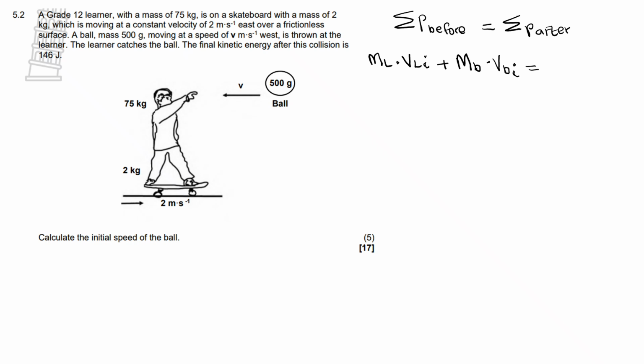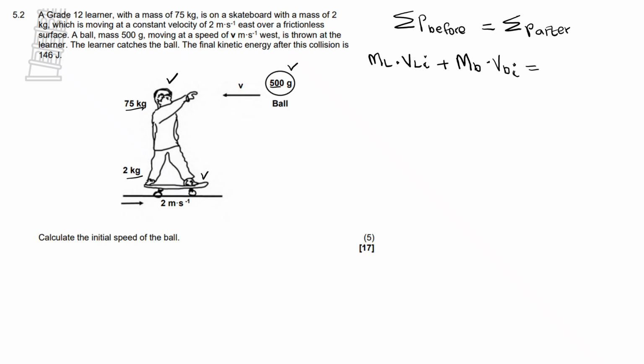So now what I need you to understand is that after the collision, can you see that the learner is going to catch the ball? So when the learner catches the ball, they will move at the same velocity. So the learner, the skateboard, and the ball, they will all move at the same velocity. So this tells you that you'll have to add all these three masses. I hope this makes sense.